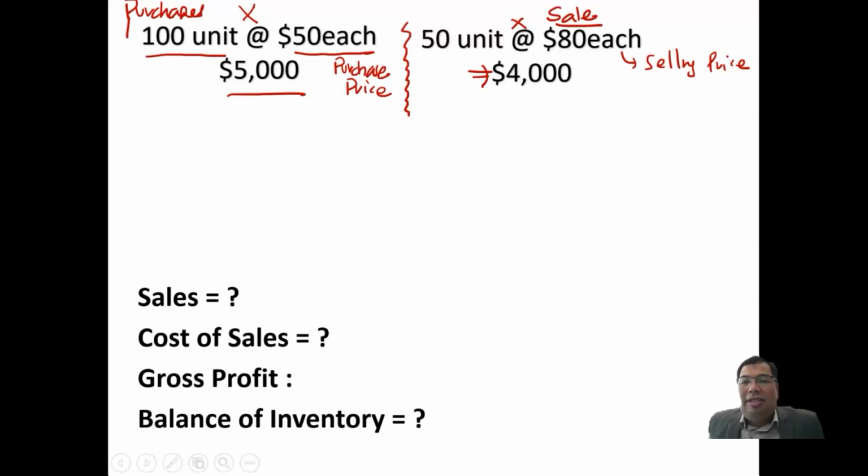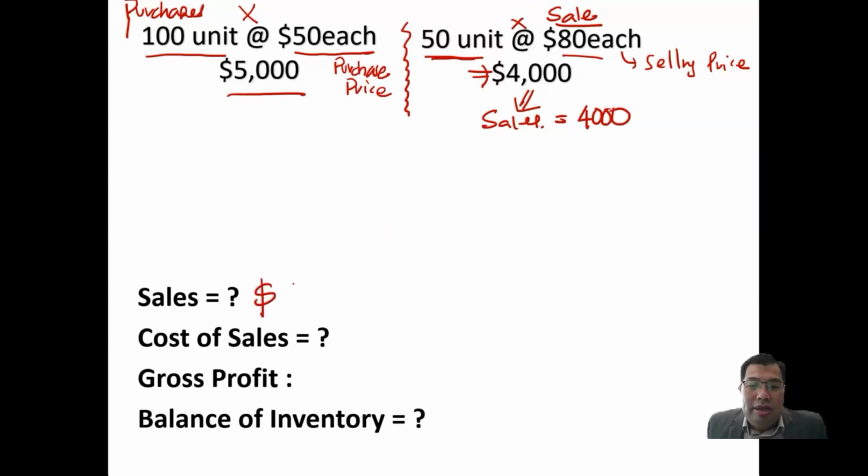The answer is you managed to sell 50 units. What is the price? $80 each. So your sale is 4,000. So I put here my sale is 4,000.